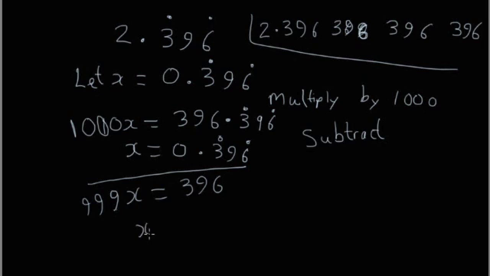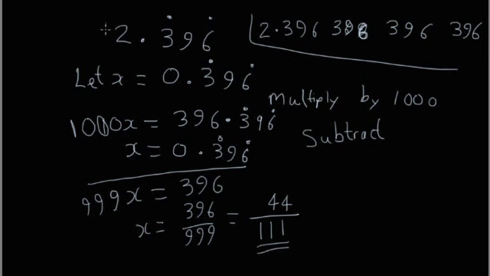So x is going to be 396 over 999, and we can cancel that down. If you see, they're both in the 3 times table, so you can cancel by 3, and then you keep cancelling down until we get to 44 over 111.